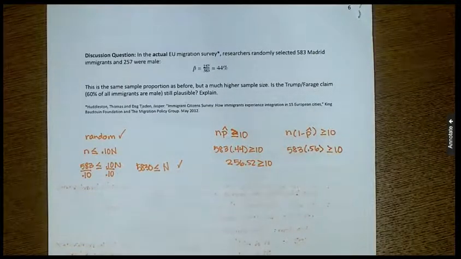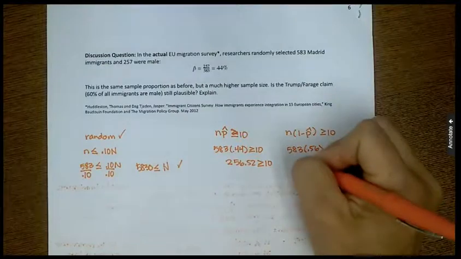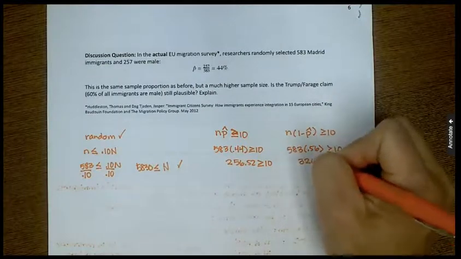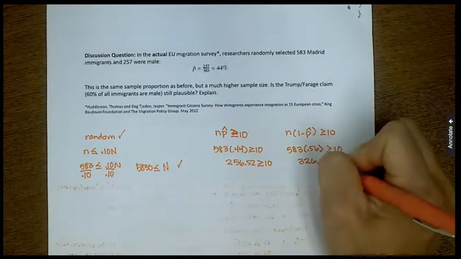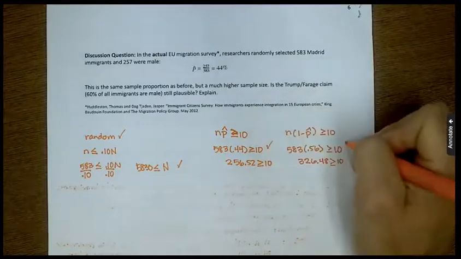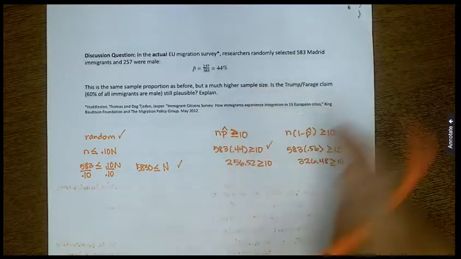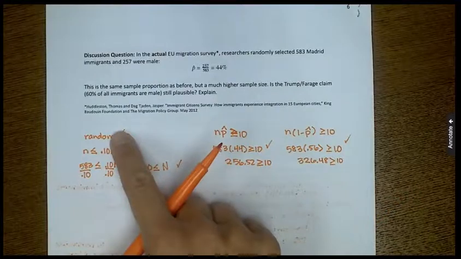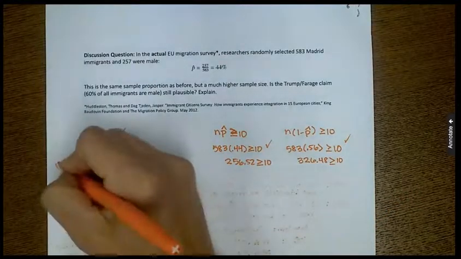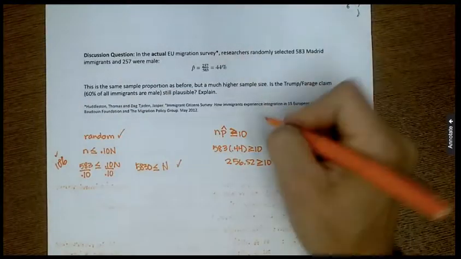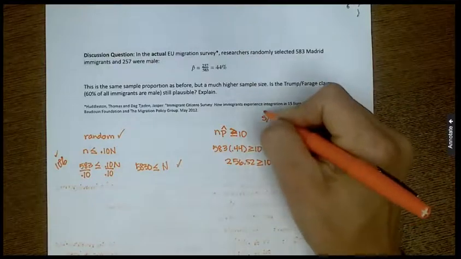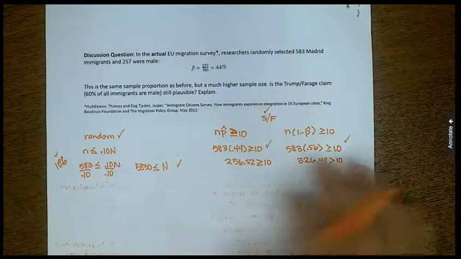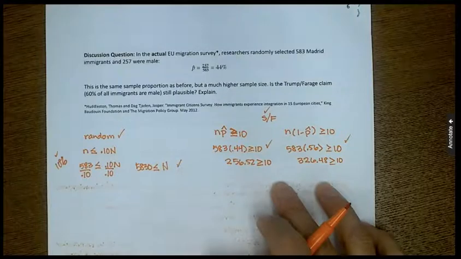I'm going to multiply, and it's definitely greater than 10, 326.48. So this one checks out also. So both of these are checking out for the success failure condition. Okay, so we've got that it is random. We've got our 10% condition. This one checks out. And then we've got our success failure condition. This one checks out too. So all of those conditions are met.